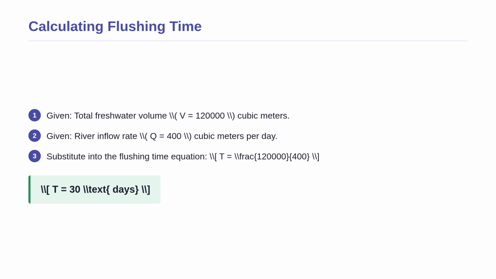We substitute these physical parameters into our equation, replacing V with 120,000 and Q with 400. Performing this simple division yields a final result of 30. Physically, this tells us that if a chemical spill occurred, it would take exactly 30 days, or about a month, for the natural river flow to completely flush the contaminated water out to the open ocean.